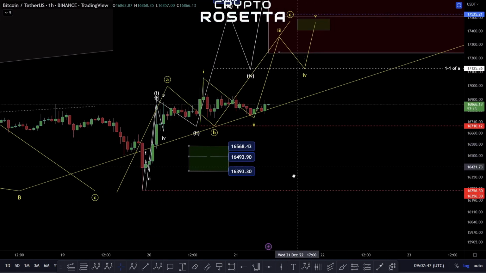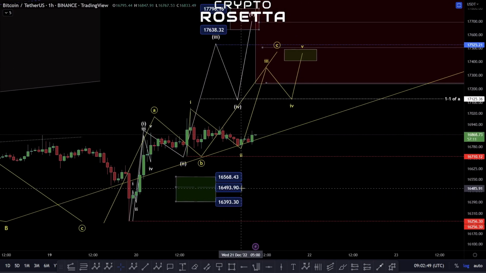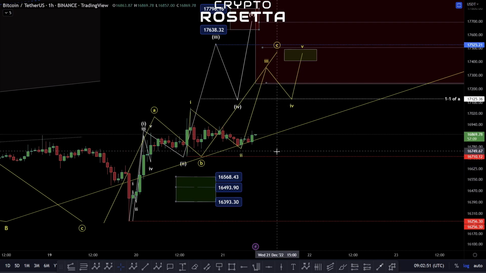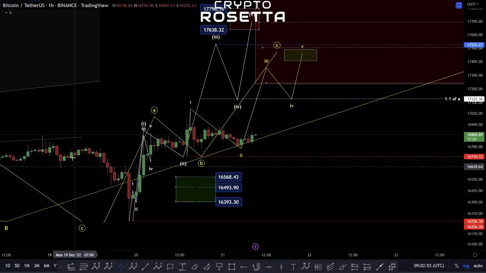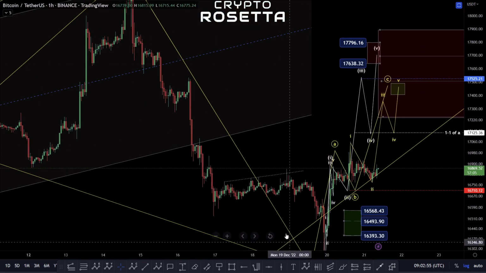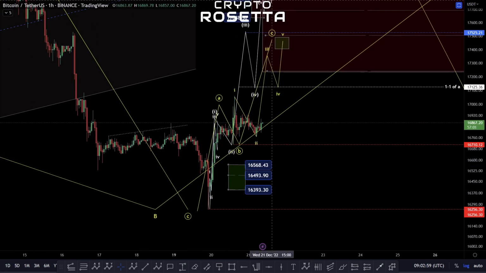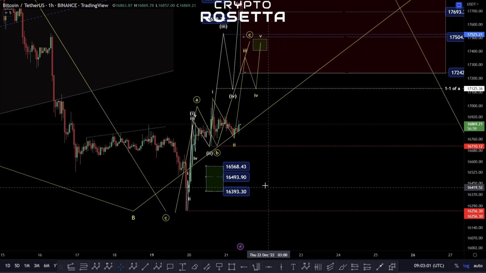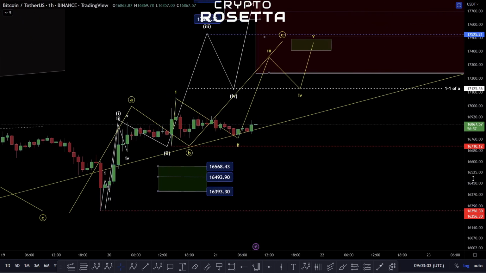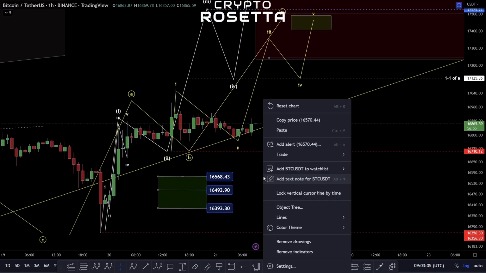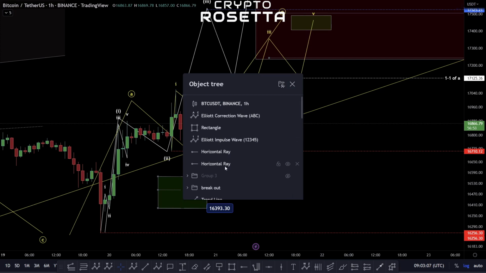We could see a little bit of a bullish move within this, but we'd have to monitor it. But given the fact that we've had this as a 5-wave move down here, it becomes quite likely that we're going to look for an extension to the downside, especially with the fact that we're already looking for another 5-wave move to the downside. So that's what I'm looking at with that.